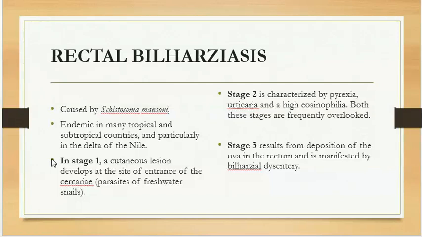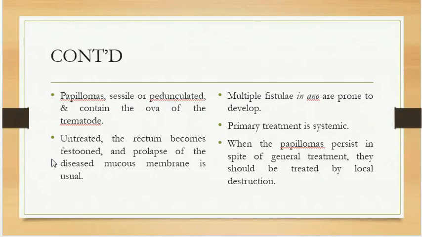So this is rectal bilharziasis caused by Schistosoma mansoni. In this condition of proctitis, there are papillomas, which may be sessile or pedunculated, and they contain the ova of this trematode, Schistosoma mansoni.